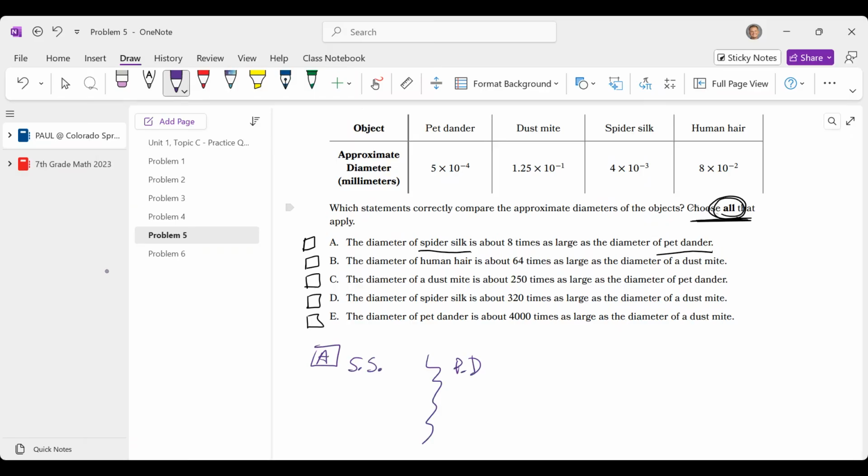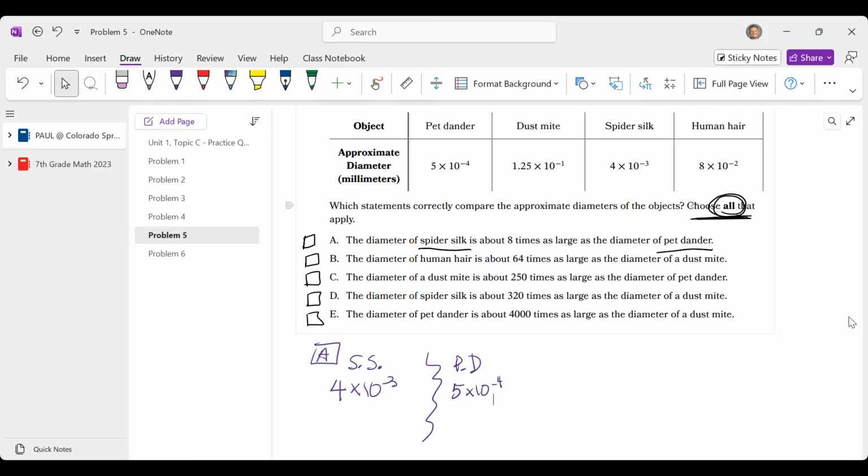Spider silk comes first, so we're going to list it first because that's what we're comparing. It's 4 times 10 to the negative 3rd, and pet dander diameter is 5 times 10 to the negative 4th. So in order for us to get to the solution that we need, we are going to bring this one over so that we can compare it, because this one was listed first.